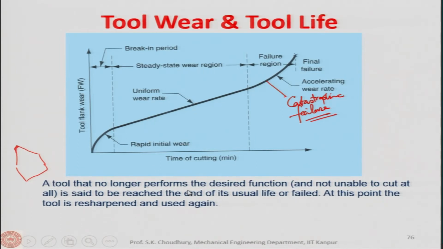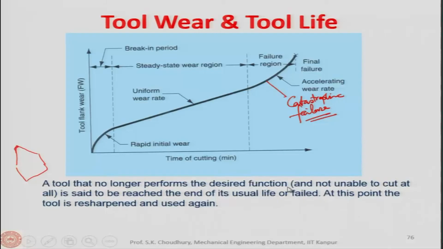A tool that no longer performs the desired function, but it is not that it is unable to cut at all, is said to have reached the end of its usual life, or it has failed. What we mean to say is that defining tool life is very difficult. When we say that tool life is over, we say that the tool is no more able to perform with the desired level of accuracy.